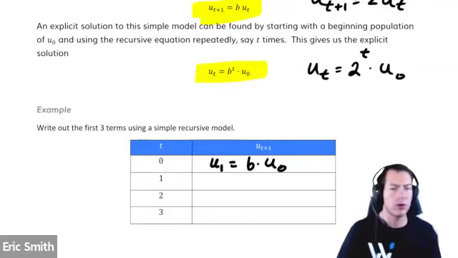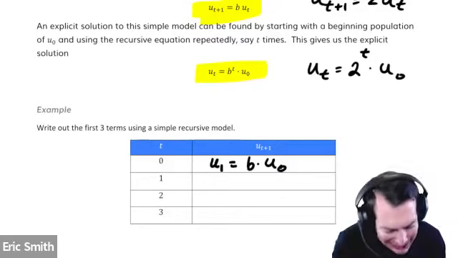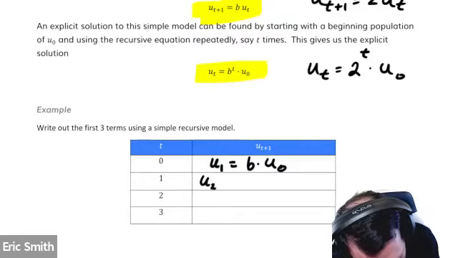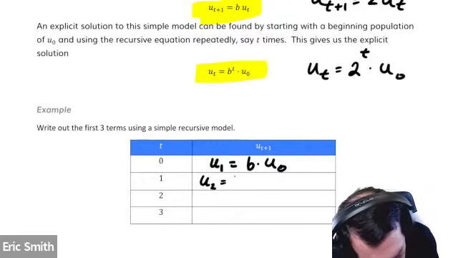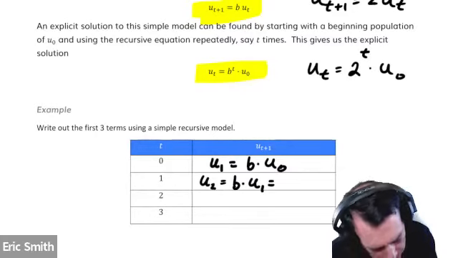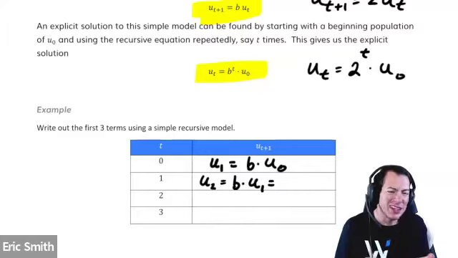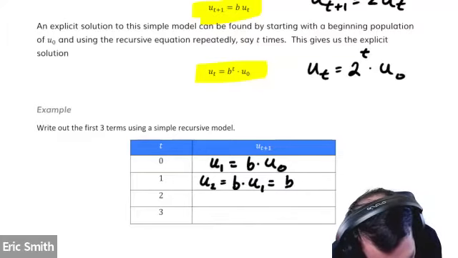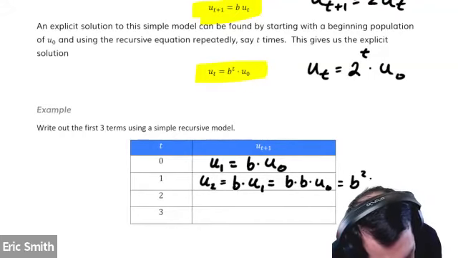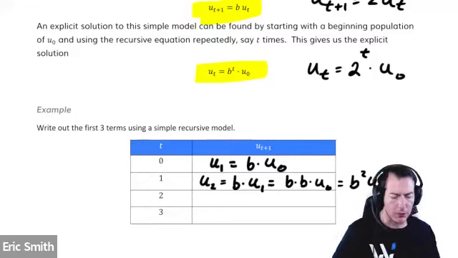That would be a good expression for u sub 1. If I wanted to go out to the next generation, u sub 2, I'd do it pretty much the same way: that's multiplied by b times the previous generation. But then I could substitute in that previous generation, which would be b times u sub 0. So we're getting b squared times u sub 0.